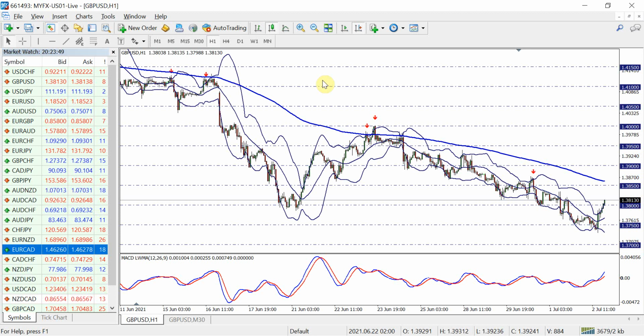So what I wanted to do in this video is just walk you guys through the indicator settings. I've thrown it up now on a GBP USD 1 hour chart just to look at the signals, because this is one that has had a decent downtrend or a trend of any sort, and just have a look to see what else we can do to add other confluence factors to this chart to see if this is something that we would want to trade.